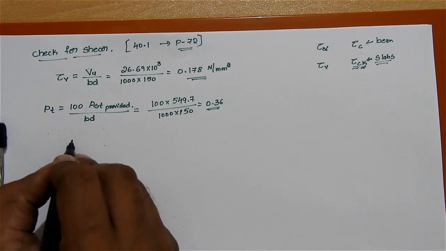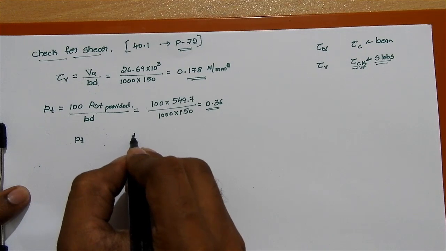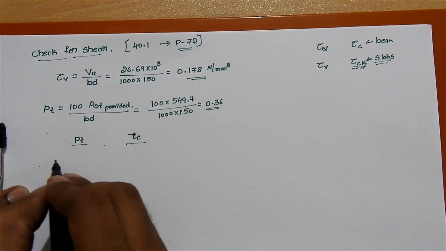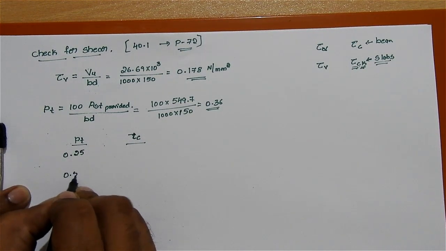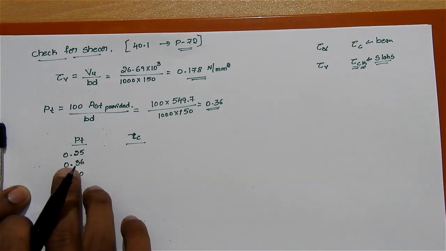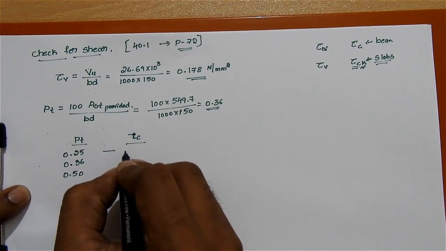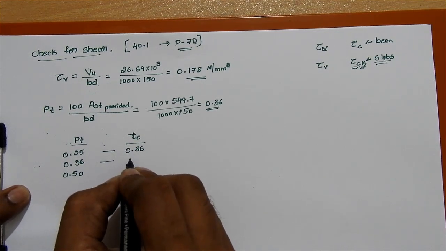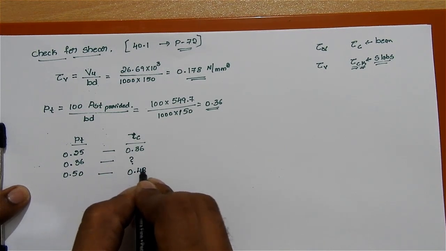Now in the table, on the left side you have percentage of steel pt, and on the right side you have tau c. On the left side you have values for 0.25 and 0.50, but you don't know the value for 0.36. You need to calculate the tau c value for 0.36. For 0.25 you have 0.36, and for 0.5 it is 0.48.